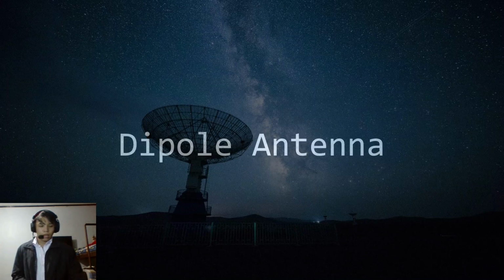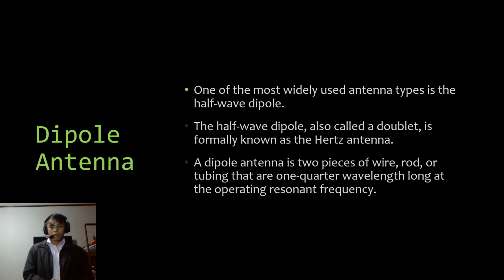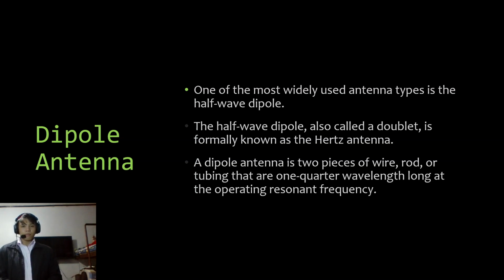So, the dipole antenna. One of the most widely used antenna types is the half-wave dipole. The half-wave dipole, also called a doublet, is formally known as the Hertz antenna.